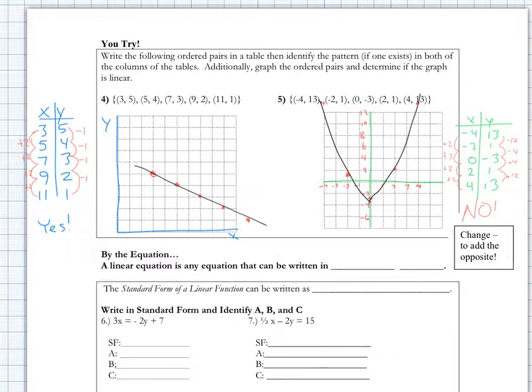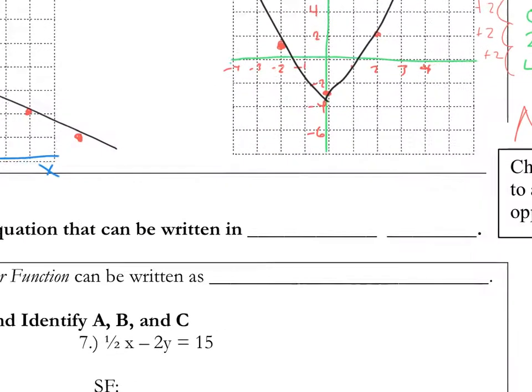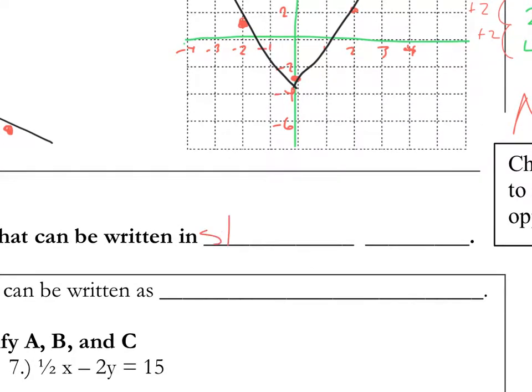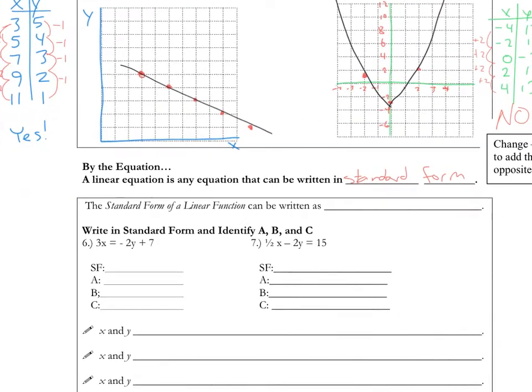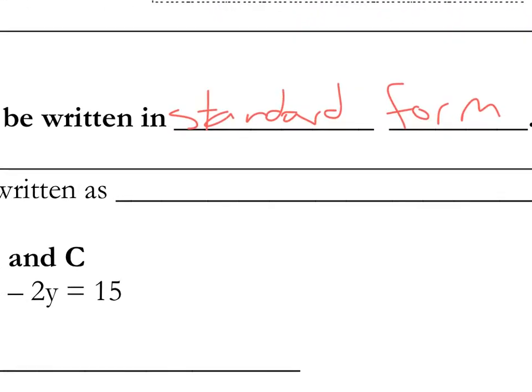Okay, so a linear equation is an equation that can be written in standard form. Okay, well, what is standard form? Well, standard form of a linear function is an equation that looks like this.